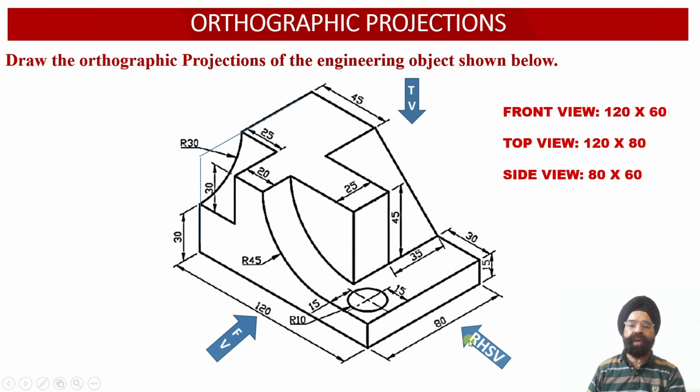When we look at the solid from the right hand side view orientation, the depth is 80 millimeter and the height is 60 millimeter. So the side view face is 80 millimeter by 60 millimeter. With this information, we are going to evaluate the orthographic projections of this engineering object.